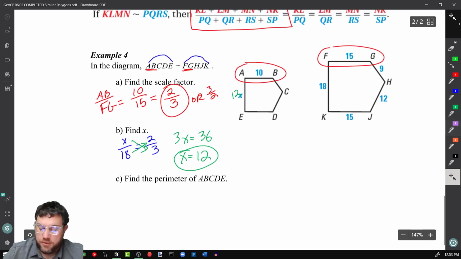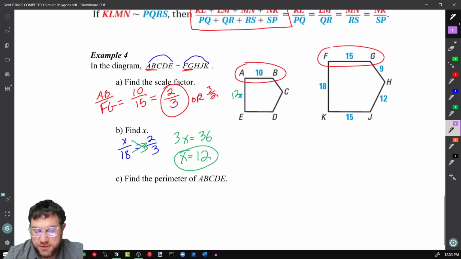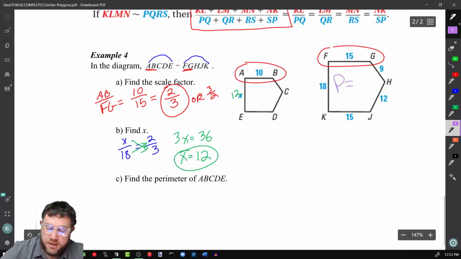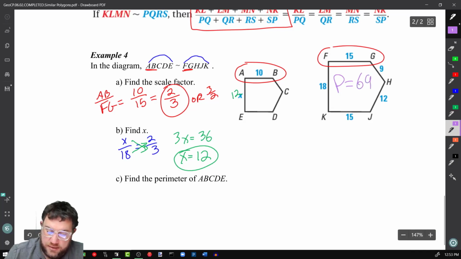Now to find our perimeter, we know that our scale factor is 2/3. We could go through and find BC and find CD and find DE separately and then add them all together. Or we could find the perimeter of FGHJK and then set it up with our scale factor. So 15 plus 9 plus 12 plus 15 plus 18 equals 69.